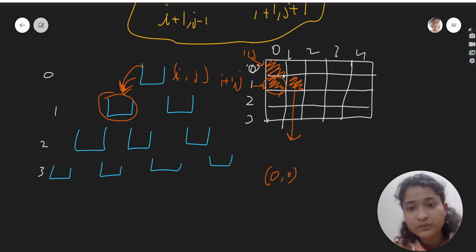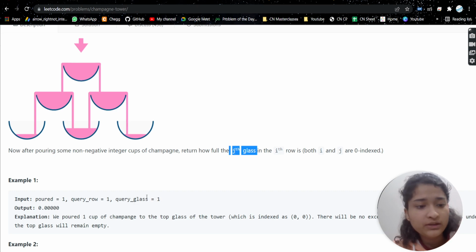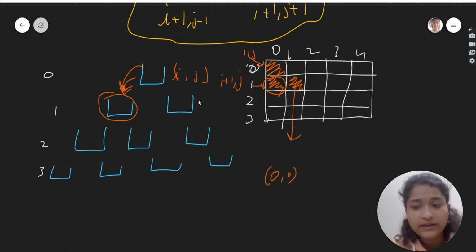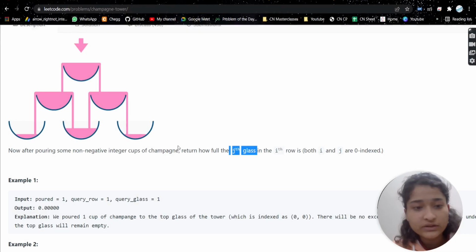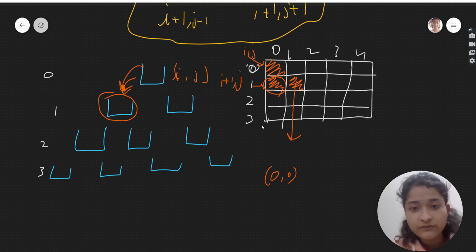This is how we will store the left and right glasses. So this will be our approach. I hope you understood it.